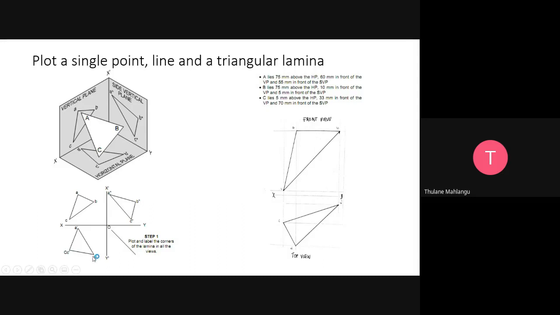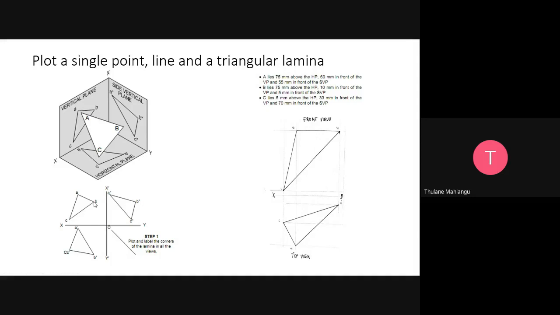So if they say point B lies 30 millimeters in front of the vertical plane, you are going to measure from the XY 30 millimeters down. But when they say point B lies 30 millimeters above the horizontal plane, then you're going to measure from the XY up in the front view.